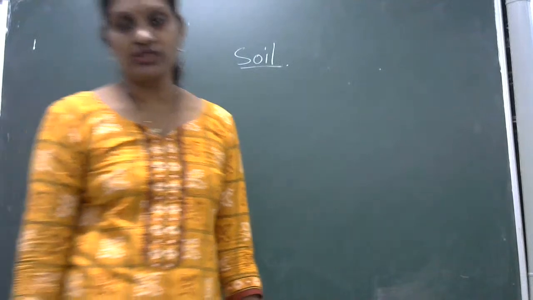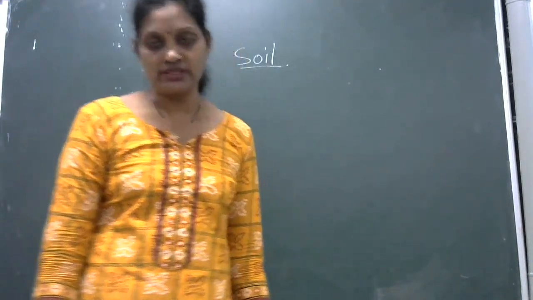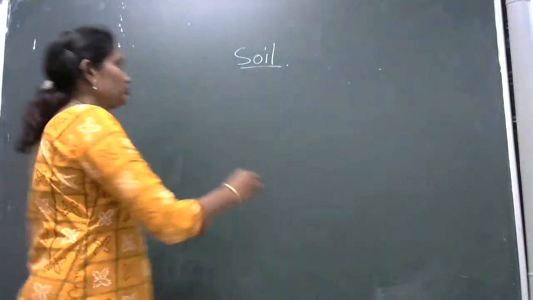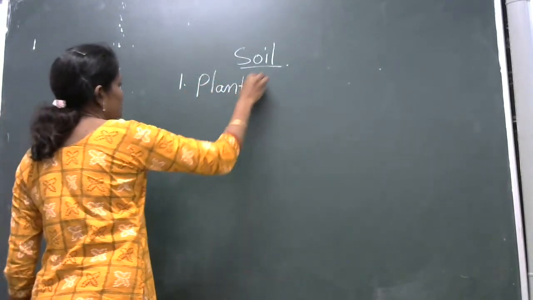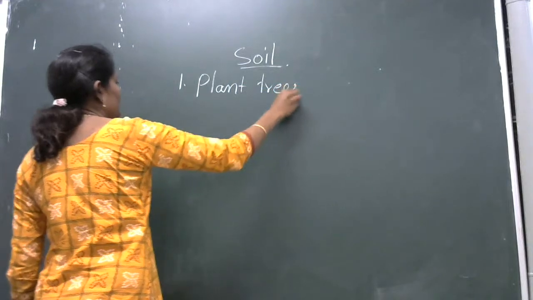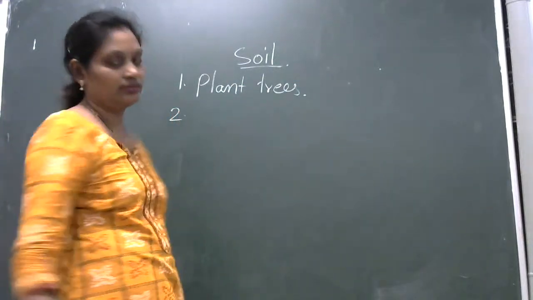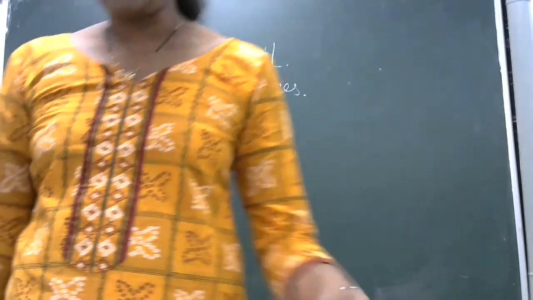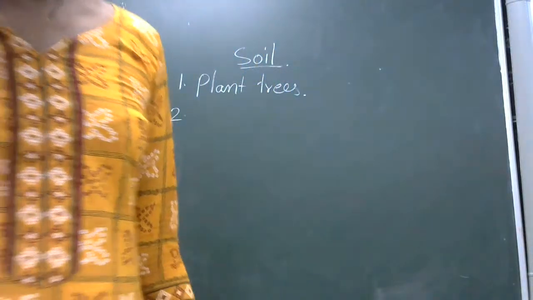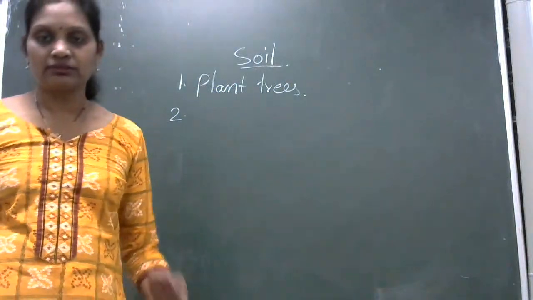Sharpur is saying we can plant trees. So, plants or plant trees. Second one: yes, we grow trees. Another one. What is another?